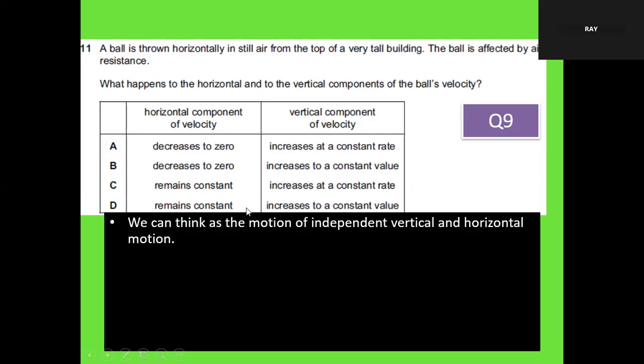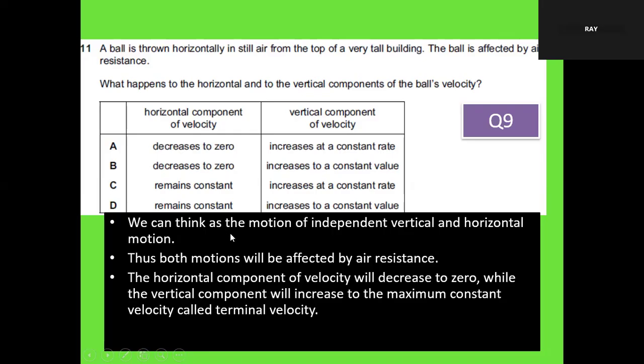We can think of it as independent vertical and horizontal motions. Both motions will be affected by air resistance. The horizontal component of velocity will decrease to zero, while the vertical component will increase to a maximum constant. This is thrown horizontally from a tall building, so vertically it's dropping.